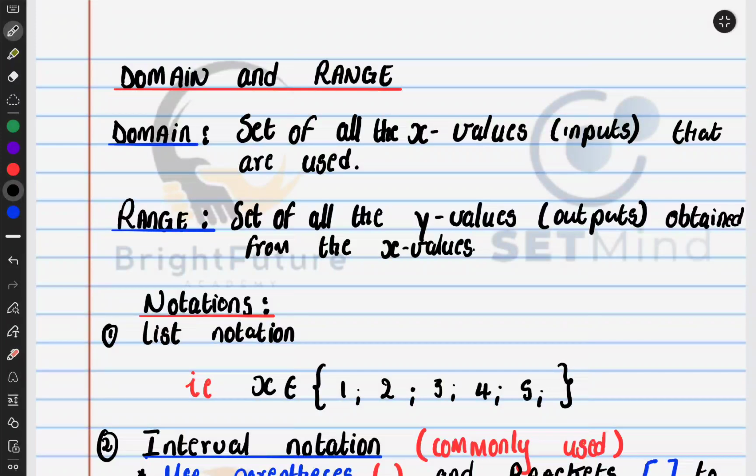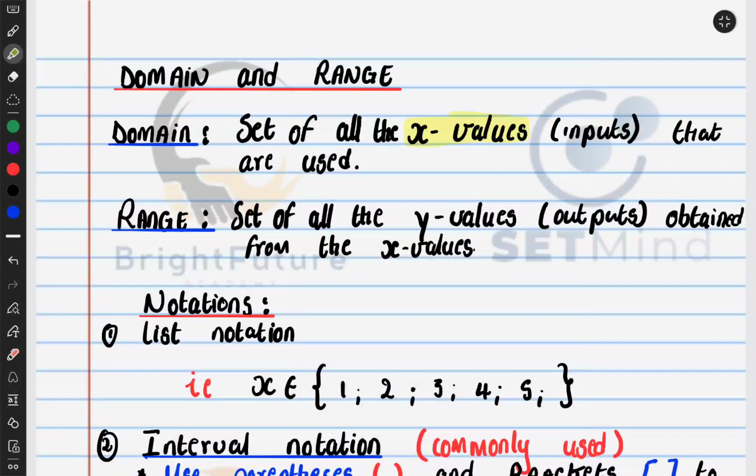First things first, we have the domain and range. You may have already come across them, but what is a domain and range? A domain, first of all, is a set of all x values, the input values that are used for a particular function that we'll be dealing with. The way I usually look at it is, for a given function, for which x values does our function exist?